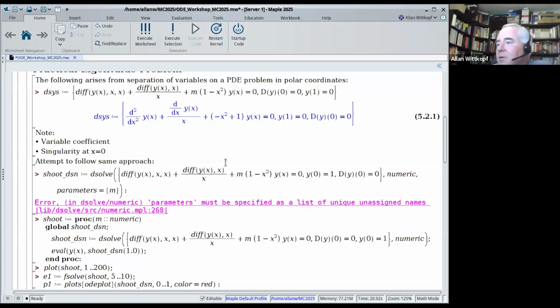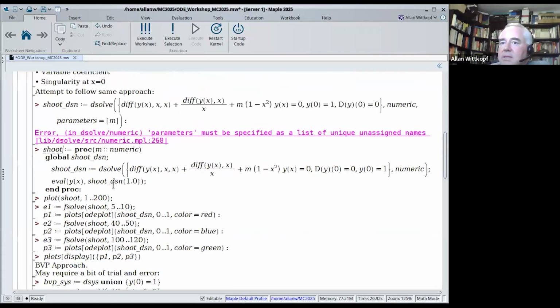So we need to make a mild modification to the approach we used before, which is instead of using a pre-existing solution and the parameter, we essentially create our shooting routine to actually do the call to dsolve with the parameter value set and then do the evaluation.